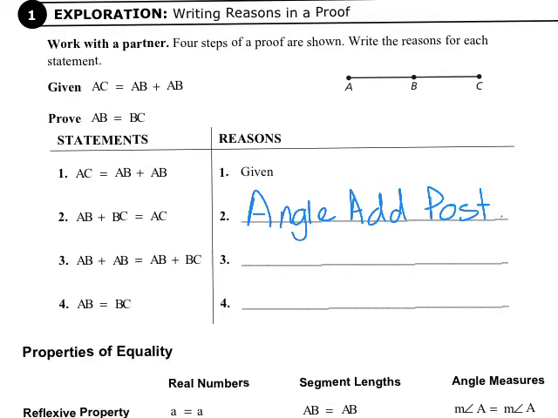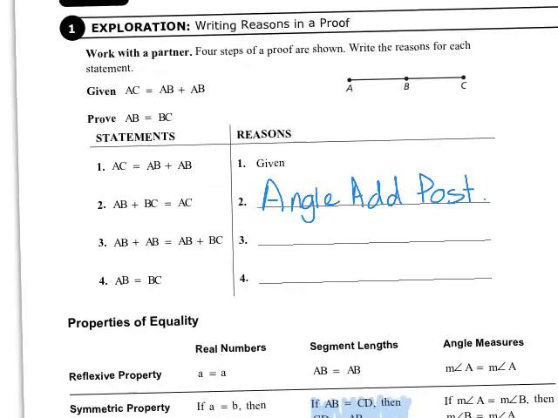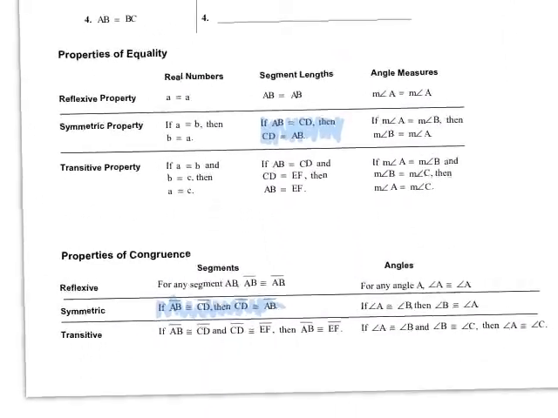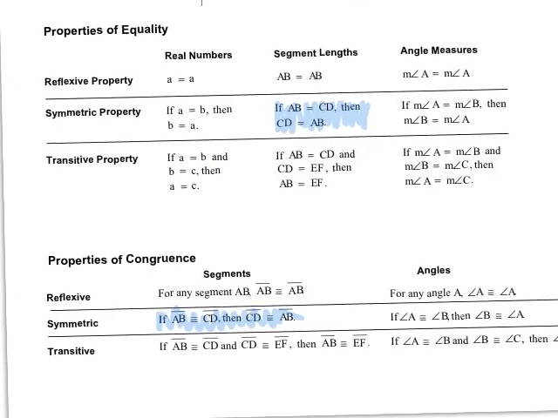Okay, so you guys should know this one, what happens going from line 2 to line 3? Come down here, look at your properties. It's one of these properties that are happening down here.